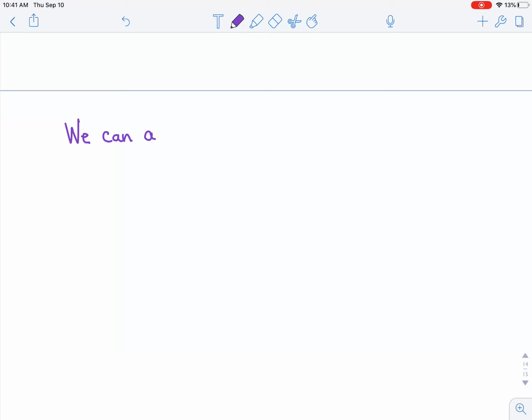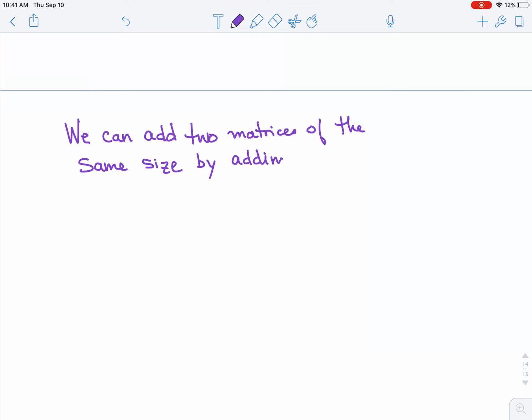We can add two matrices of the same size by adding their corresponding entries.